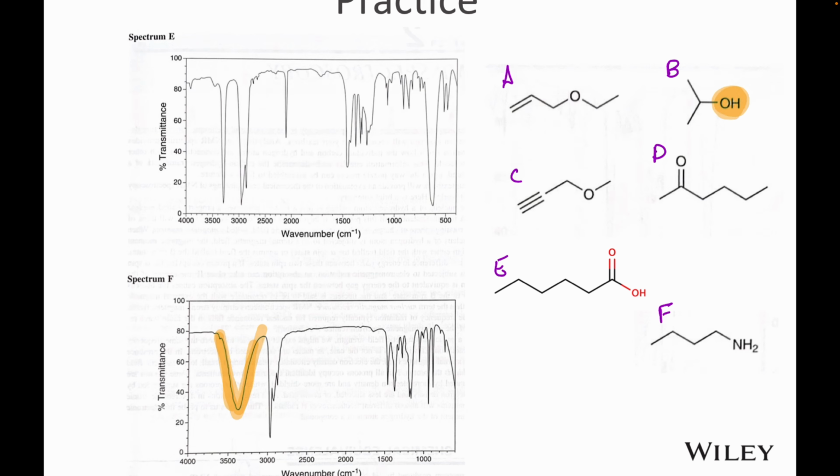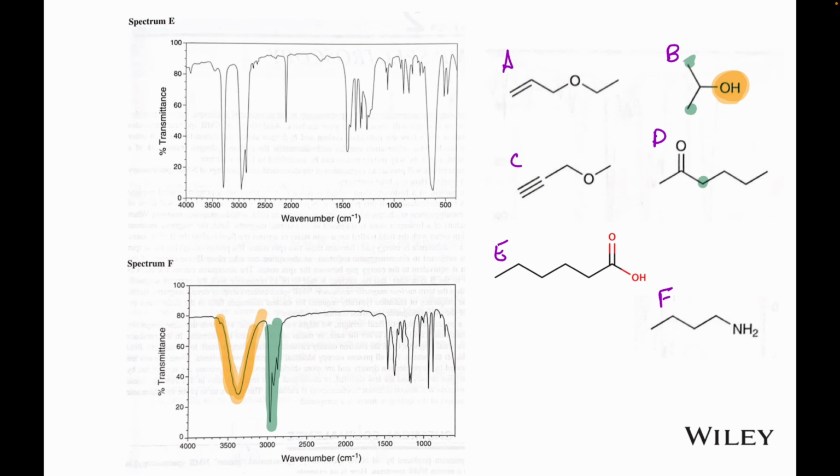We, of course, also have our sp3 hybridized carbons and hydrogens, right? But that's not the most information because just about all of these molecules have some sp3 hybridized carbons with hydrogens. Not that it's not important, but we would expect to see that in just about every one of our spectra. It's that OH peak that jumps out, letting me know it's an alcohol.